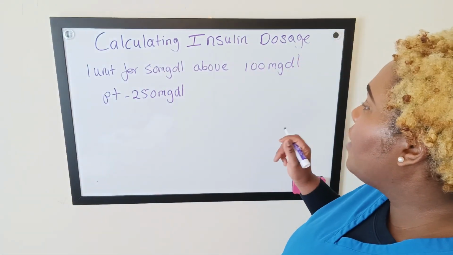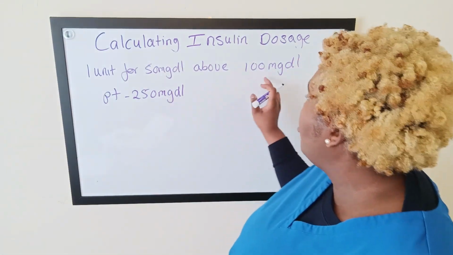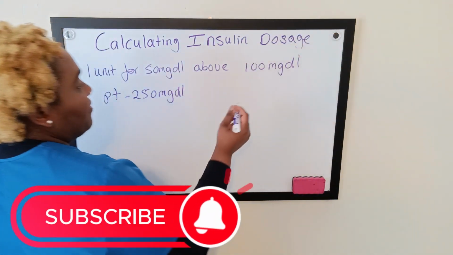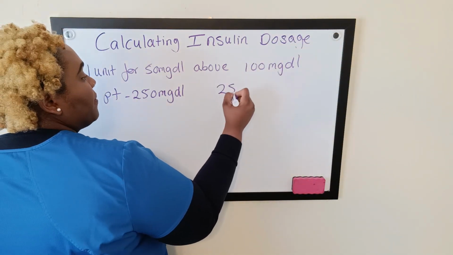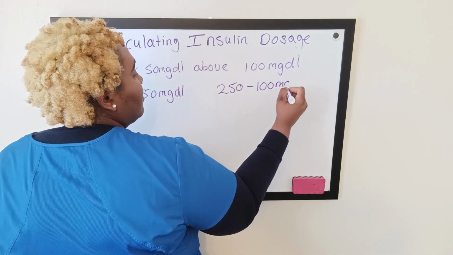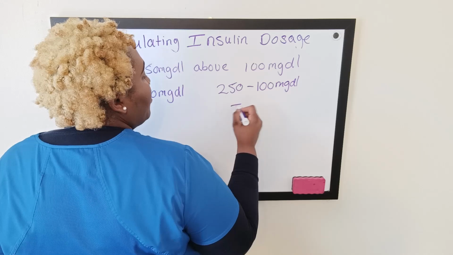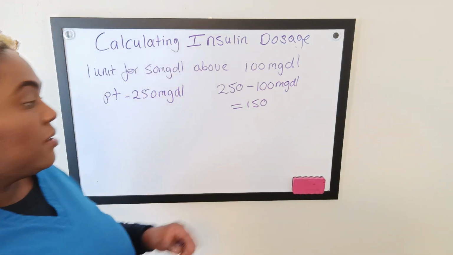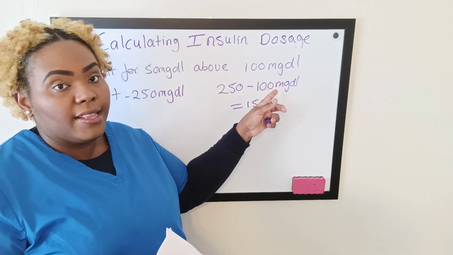First thing, we have to find out how much more above 100 our patient is right now. So you take the patient's level right now, which is 250, and you minus the target, which is 100, and we will get 150.